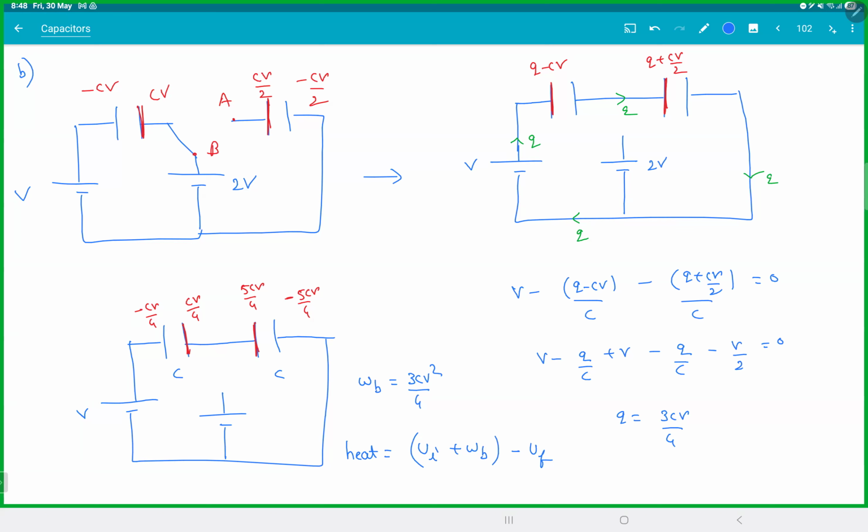Let me make this sentence. Tell me what does that mean? Finally, the charges have become constant. Just look at that word there.